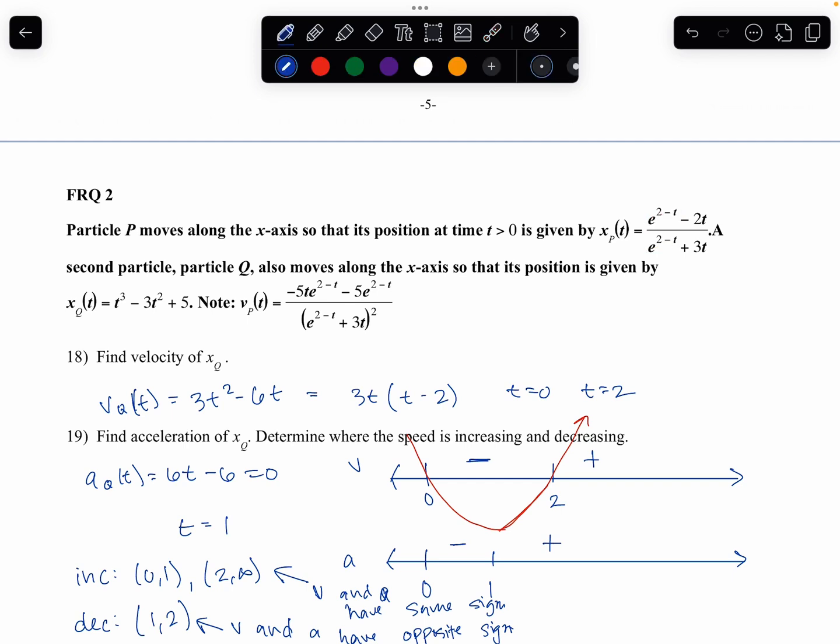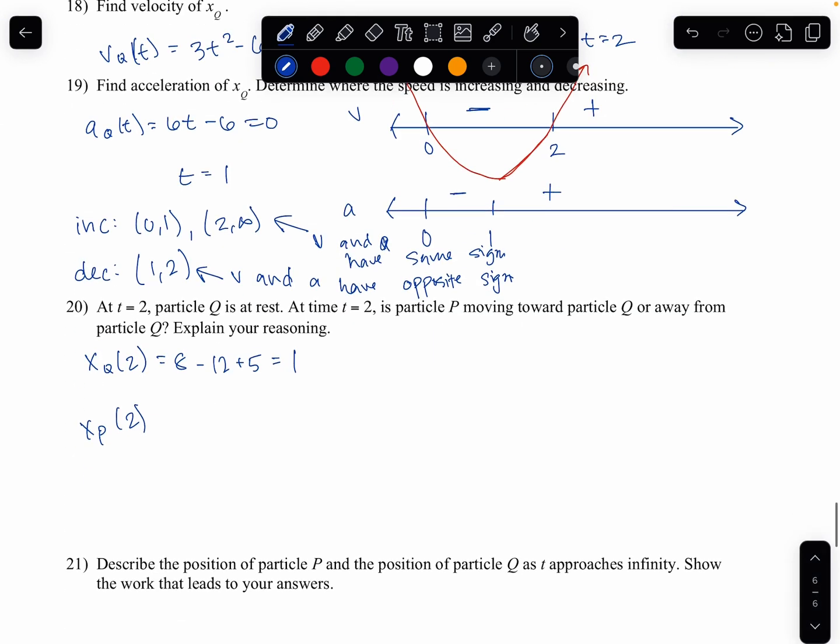So it's going to be equal to 1 minus 4 over 1 plus, if I plug in 2, just 6 right there, right? I'm plugging in 2 minus 2, that's going to be 1. Plugged in 2, 1 minus 4. So it's going to be equal to negative 2/3, right?